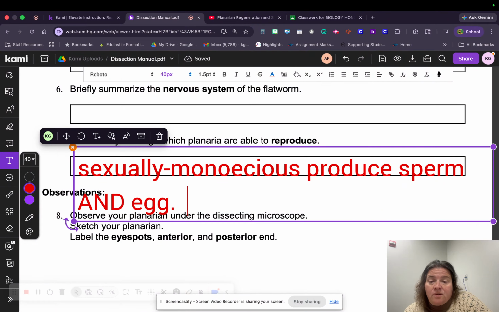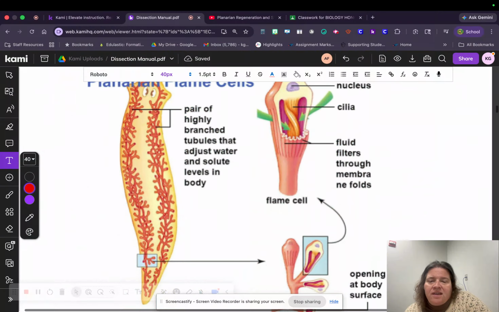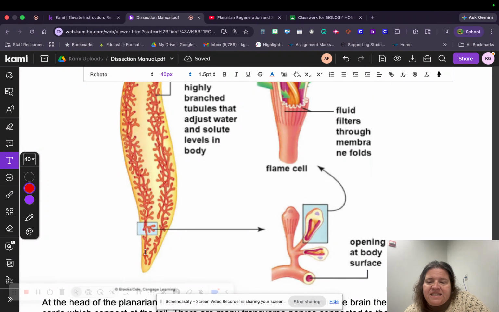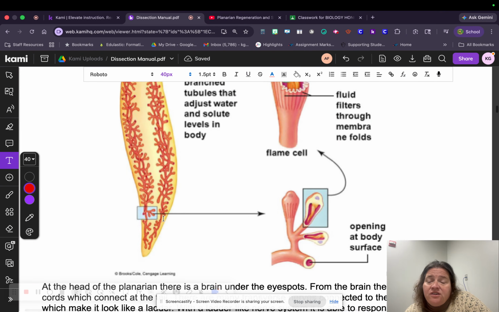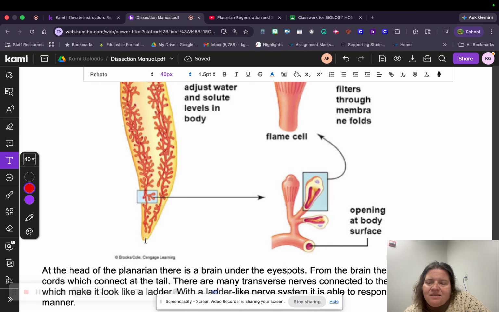But they also do fragmentation in the wild. A lot of times what they do is, let me find a picture of a planaria, they'll secrete a sticky substance from their posterior. I labeled the anterior on the other worm, but this is anterior and that's posterior. So they get a sticky substance on their posterior. And then, especially when they're older, this happens more easily.